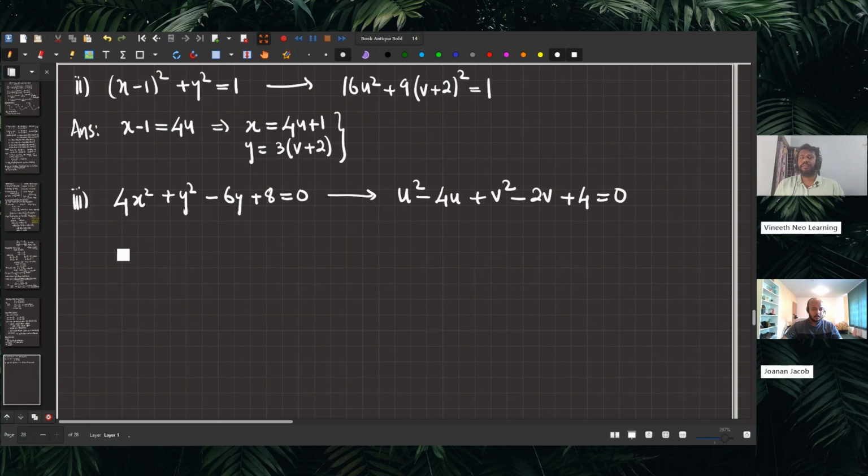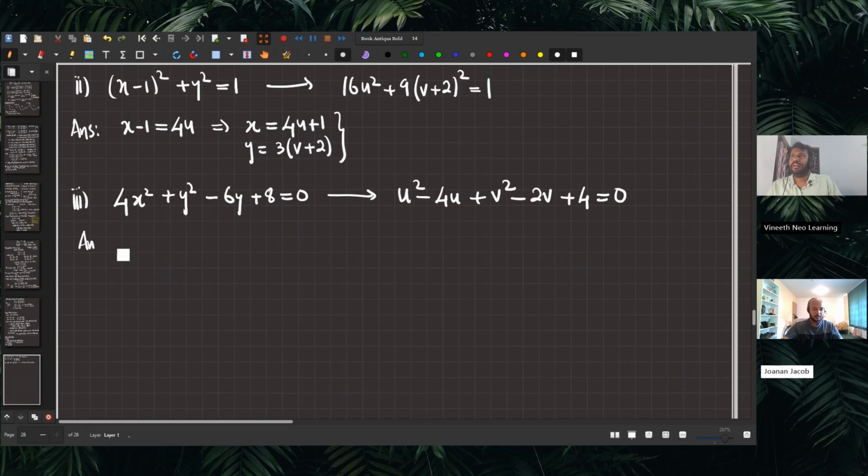These three terms look like we can use completing the square. Exactly, so we will do that.